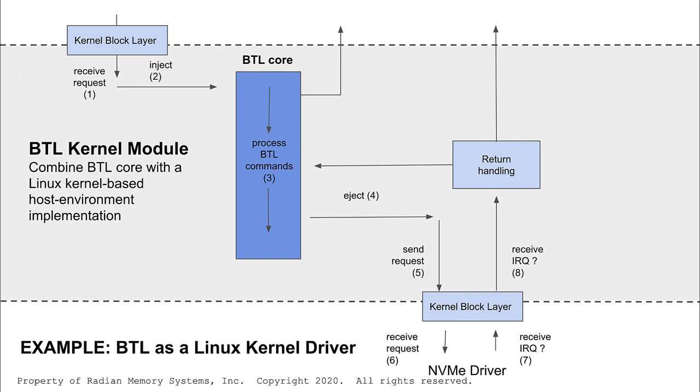The BTL core can be wrapped up as a Linux kernel module, in which case its devices appear as block devices to the kernel block layer, and it relies on targets that are also block devices in the block layer. Completions now flow back to BTL via interrupts, but the BTL core is oblivious to how they're being delivered. They all just show up eventually as BTL commands.